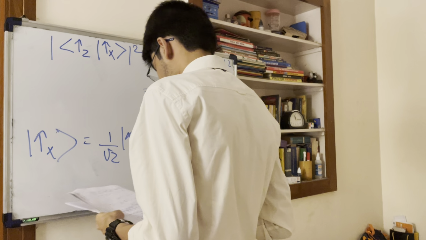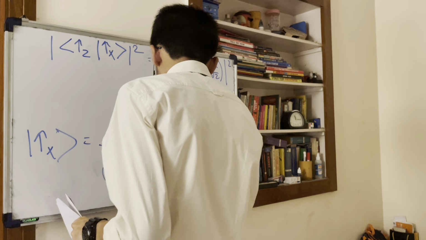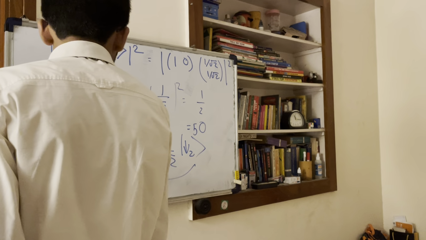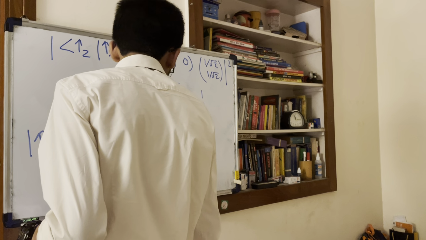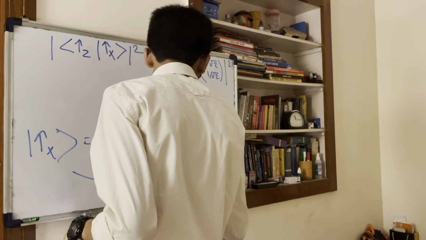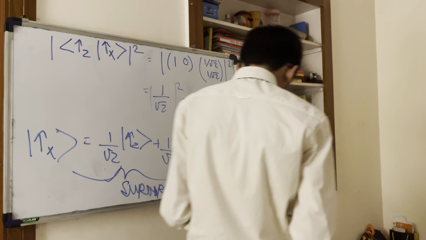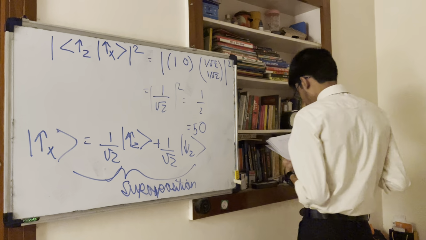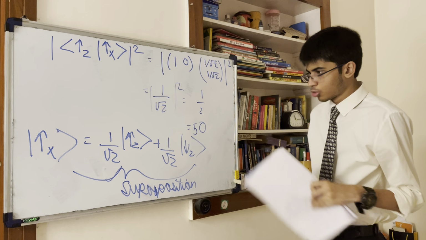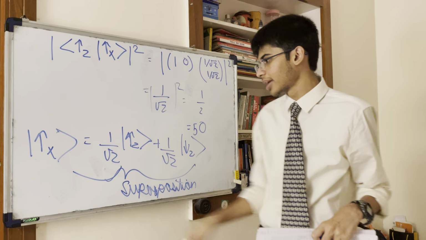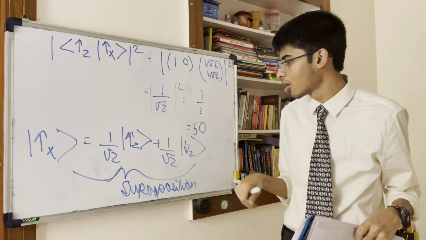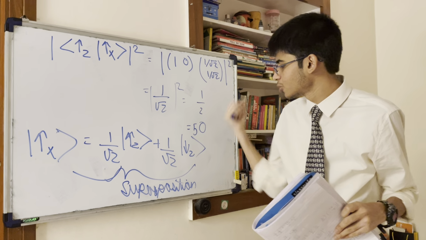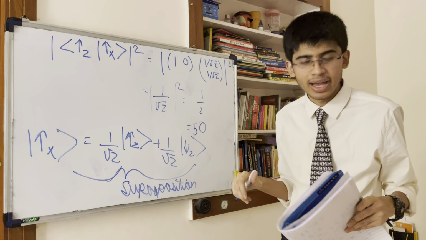Now we also know what superposition looks like. So the spin up state along the x-axis is in a superposition of the spin up state along the z-axis and the spin down state along the z-axis.